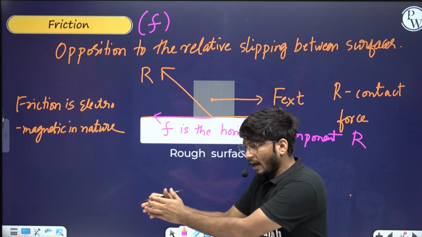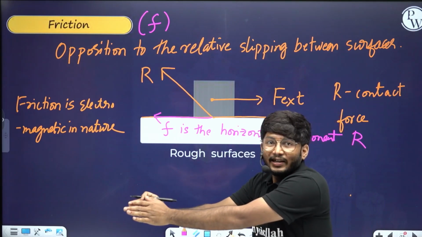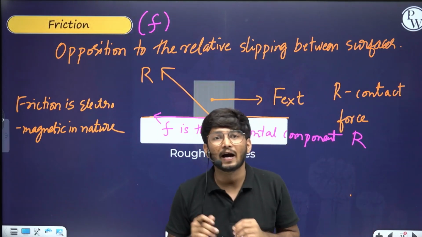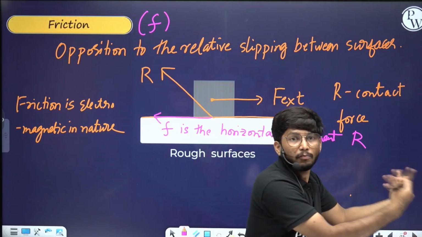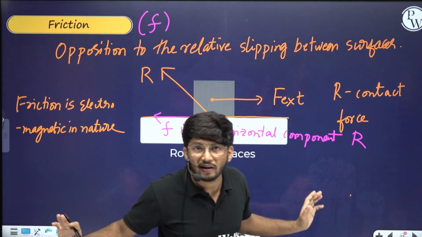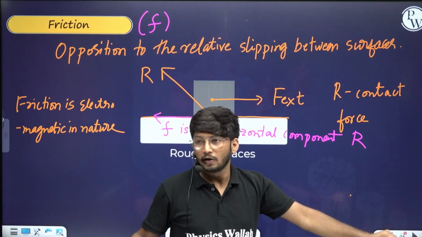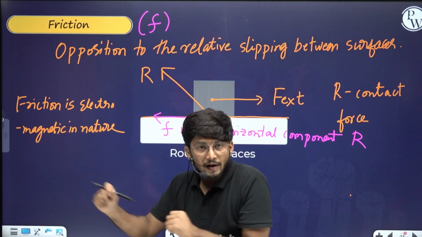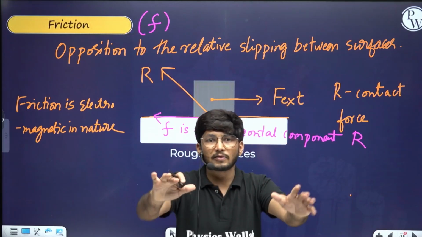Because when I push, initially I try to pull the block, right? It is difficult to start the motion, but when the motion is happening, if I do not apply force to keep the motion going, it will come to rest. So a block is moving, and if I do not apply any force on it, on its own it will come to rest, right? If no force is applied, I am not able to start the motion. If no force is applied, I am not able to keep the motion going. So there are two types of friction.